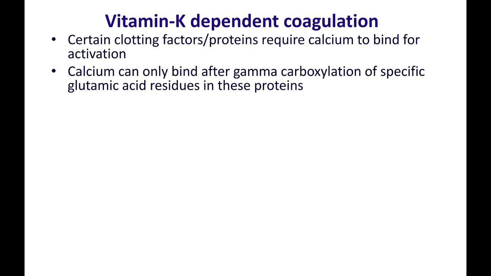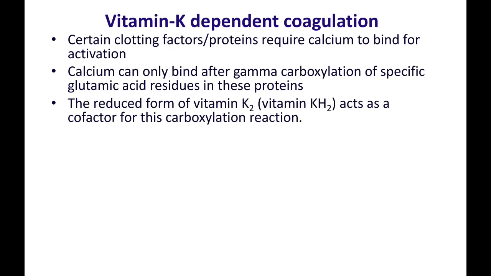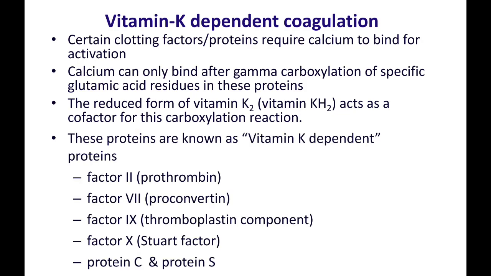The carboxyl group is negative, so these extra carboxyl groups give the extra negative charge, and will combine with positively charged calcium. Thus calcium binding is required for coagulation. The reduced form of vitamin K, vitamin K2, acts as a cofactor or coenzyme for these carboxylation reactions.